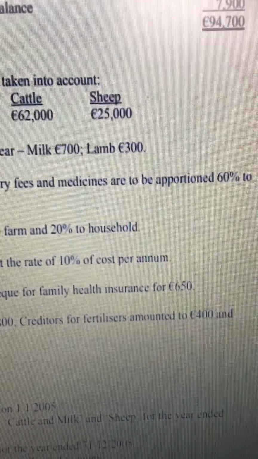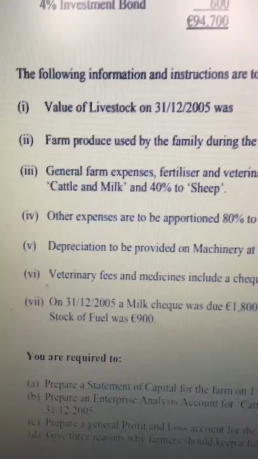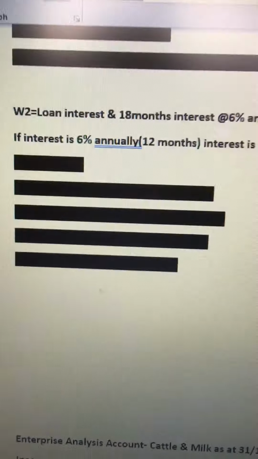So what we do with that check is we subtract it from the vet fees, because the reason is it doesn't relate to cattle and milk, and it doesn't relate to sheep either. So for that one, you subtract your check for 650, you get your overall value then of 1,100. So this is the figure that we use to calculate the 60% for cattle and the 40% for sheep.